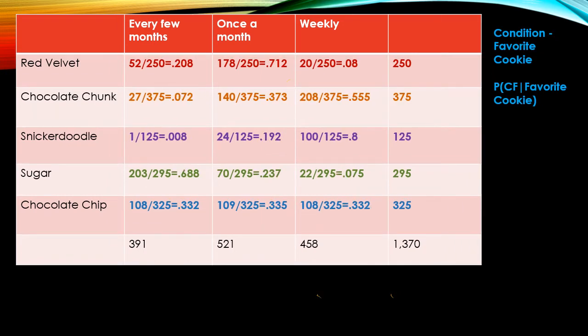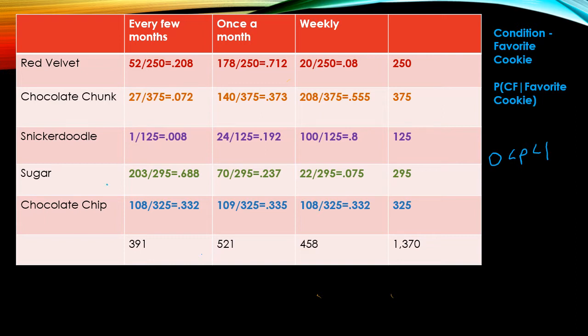On this slide, we've computed all the probabilities by taking the cell and dividing by the row total because the condition is their favorite cookie. So let's take a look at some of the cookies and see the probability. Remember that probabilities are always between 0 and 1, and so in this table, we have the decimals.